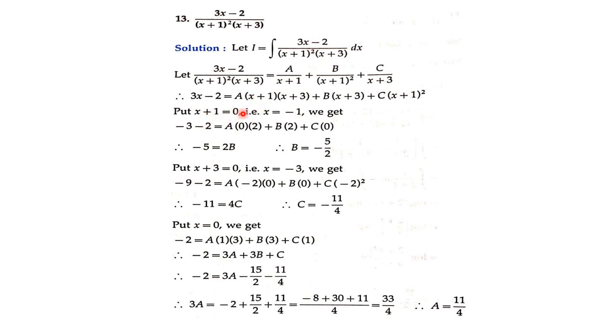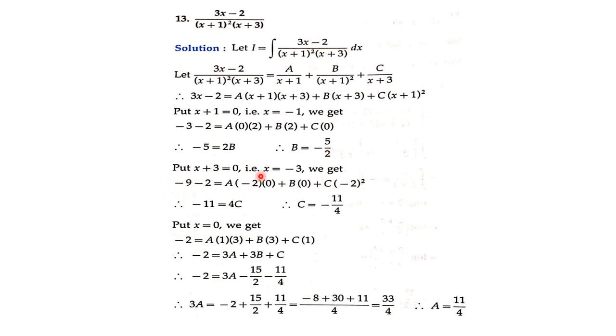If x + 1 = 0, then x = −1. Then using x = −1: 3(−1) − 2 = −3 − 2 = −5. A(−1 + 1) is 0, plus B(−1 + 3) = 2B, and again (−1 + 1) is 0, that is C into 0. So we have only −5 = 2B, that is B = −5/2.